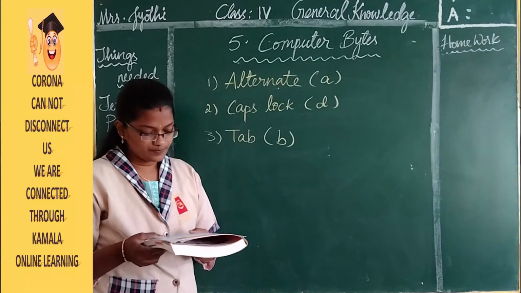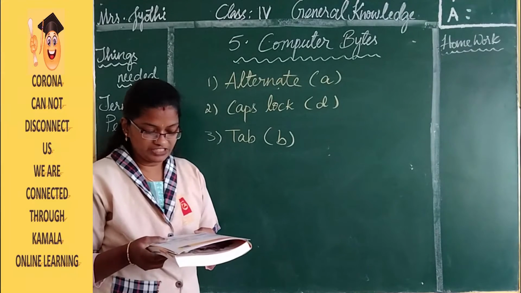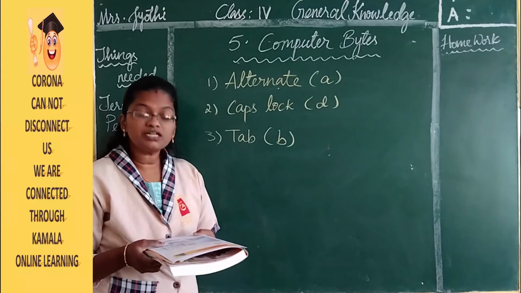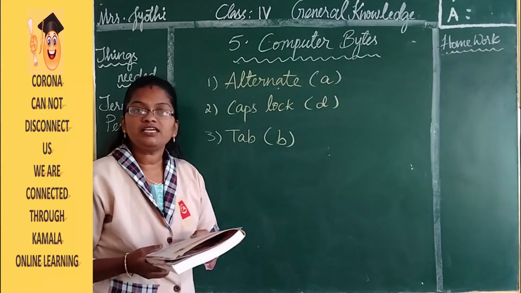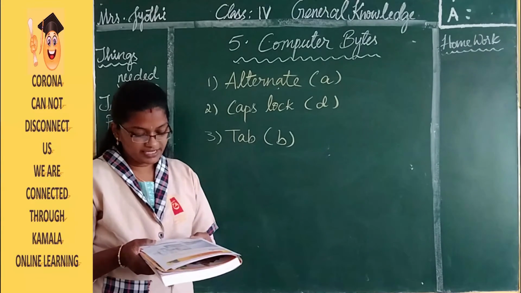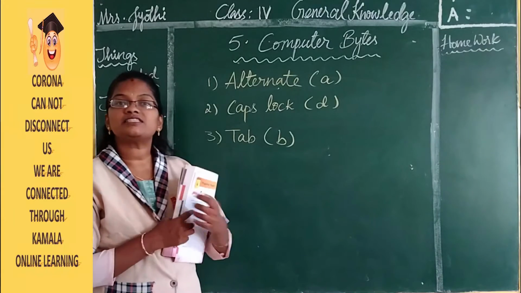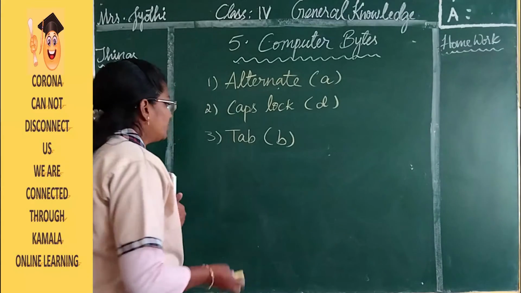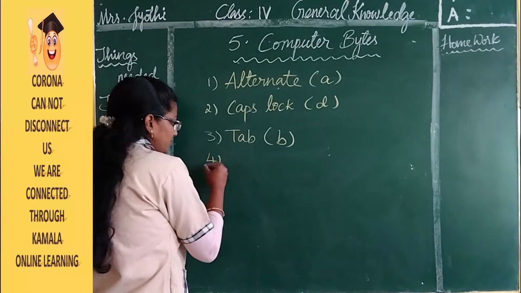Then, fourth one. What is the full form of ESC on a computer keyboard? This ESC button is the first button on a computer keyboard, and the full form of ESC is escape.